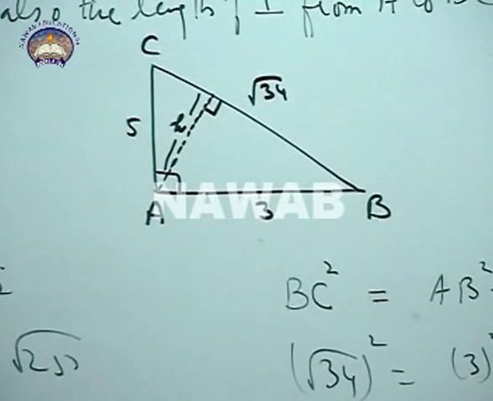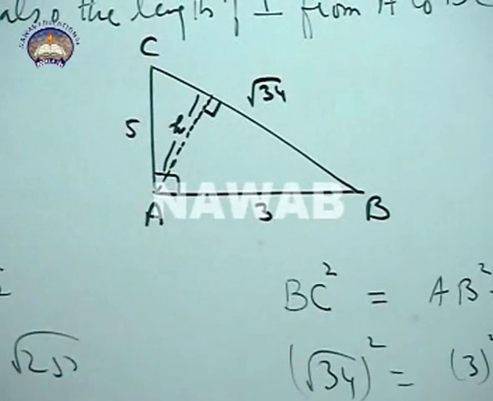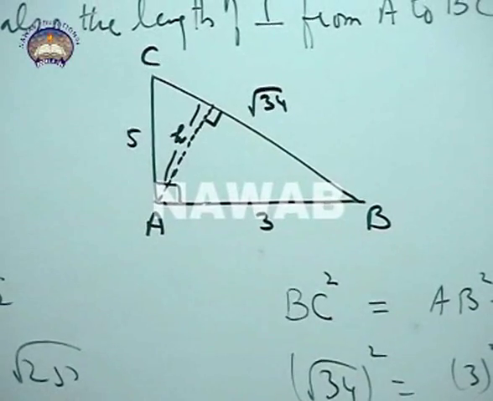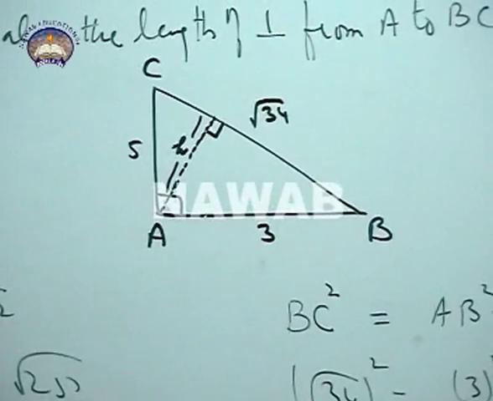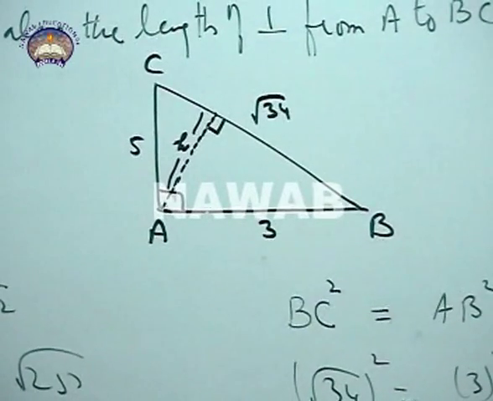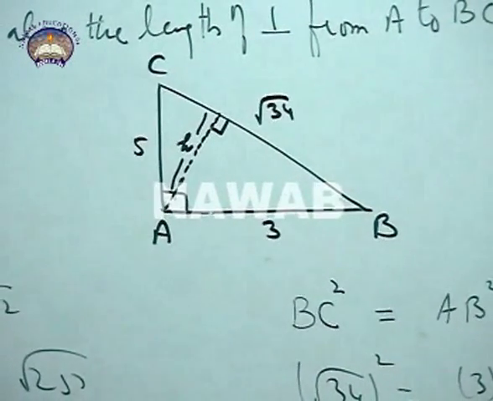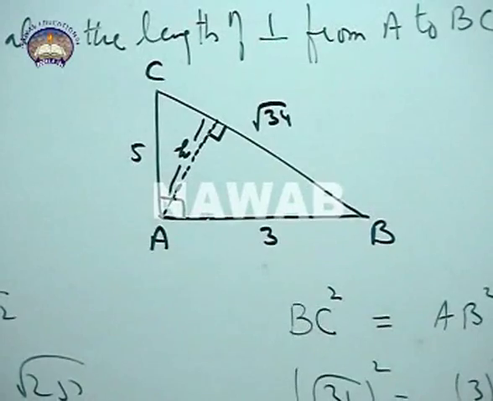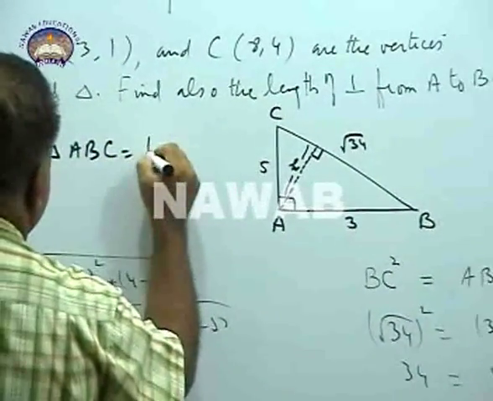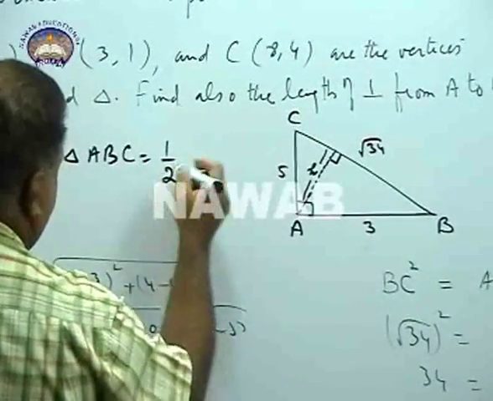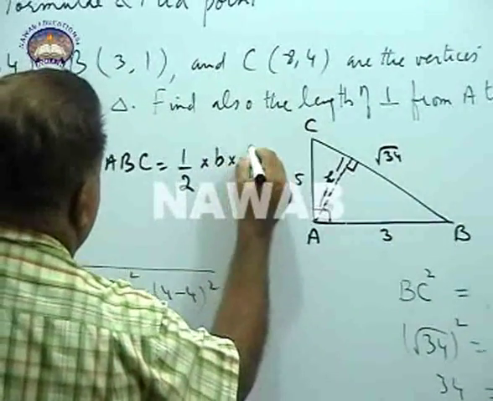To find the perpendicular length from A to BC, we use the area of triangle formula. Area of triangle ABC is very easy now. It is 1 by 2 base into height.